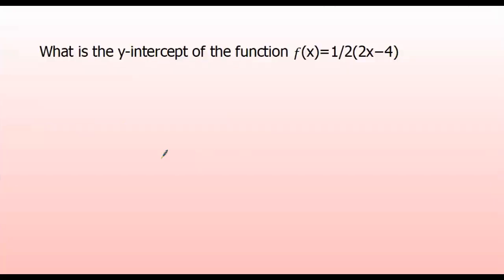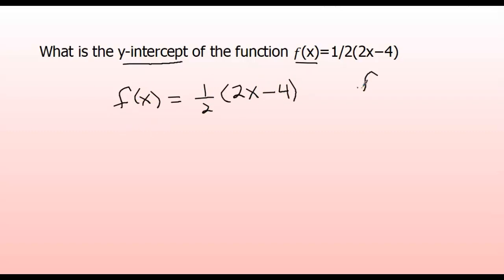Okay, so let's look at our next example here. They want us to find the y-intercept, and it has been given in f of x. So f of x is equal to half times (2x minus 4). Remember, f of x is the same as y. So here, before we can find our y-intercept, we have to make it in the form of y equals mx plus b.